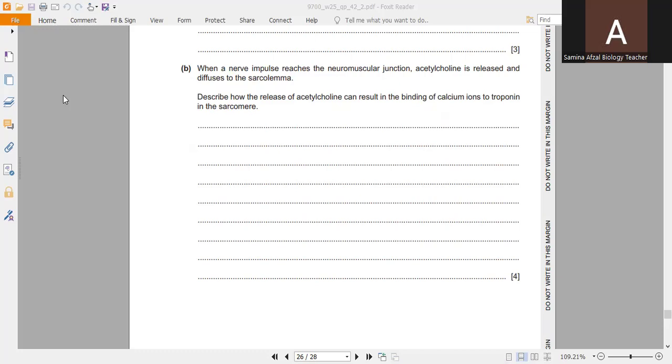Now I would like to write its answer in detail because they have asked for a description. The question is of 4 marks.